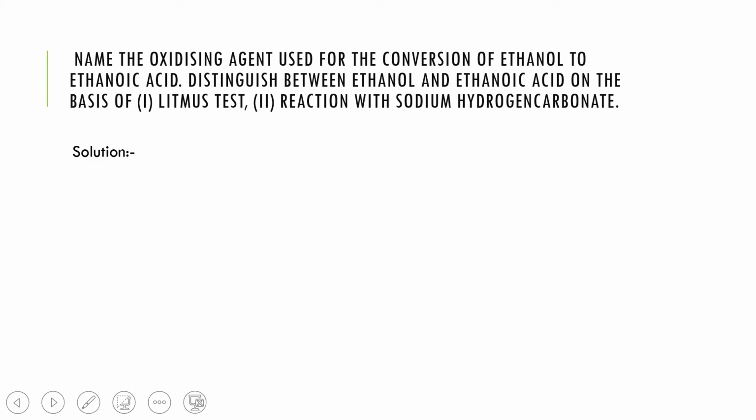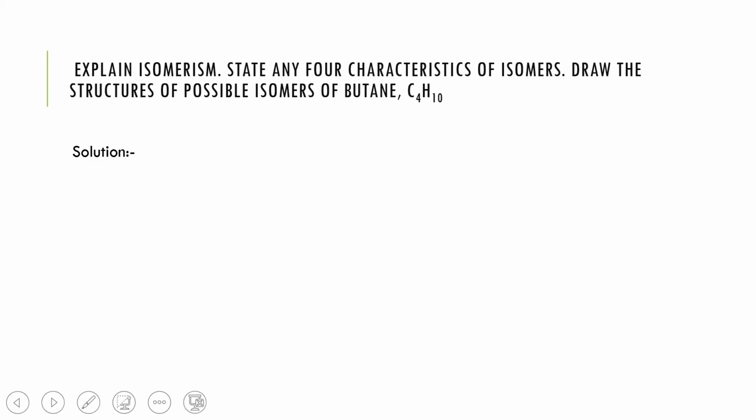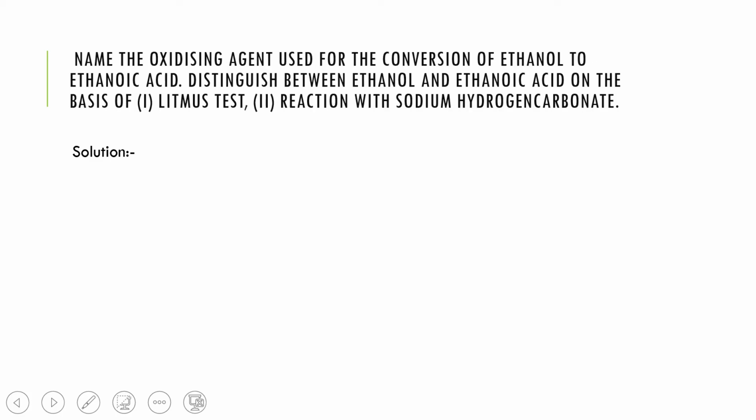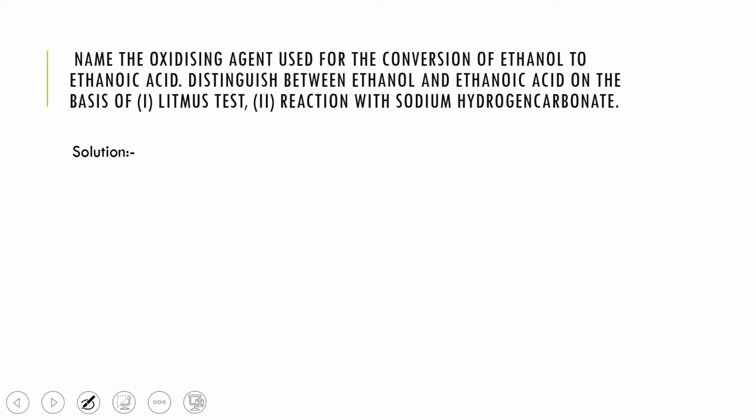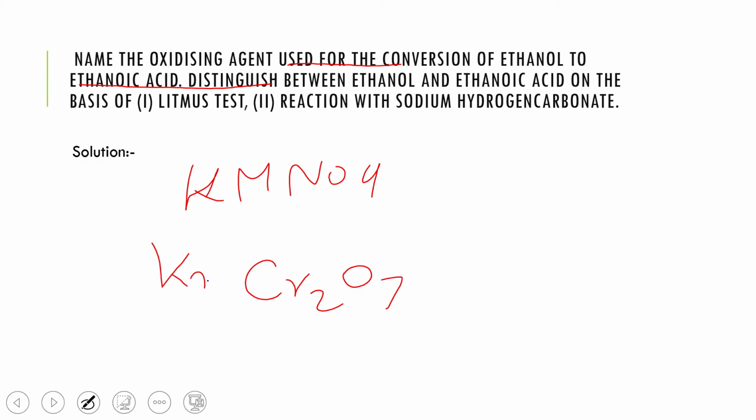Name an oxidizing agent used in the conversion of ethanol to ethanoic acid. Just 2 needed. One is KMnO4 and one is K2Cr2O7.